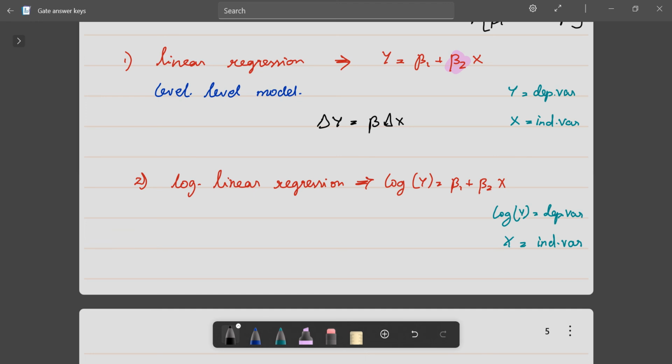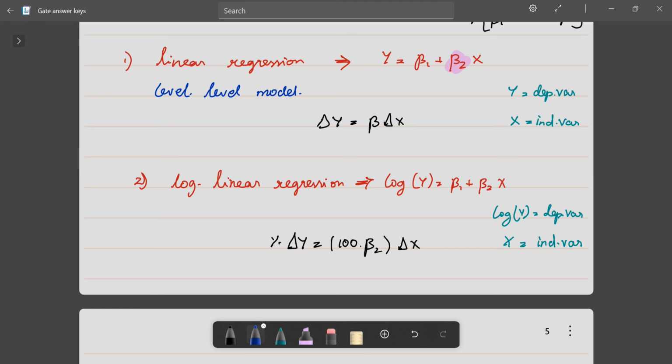And how the change is measured here is percentage change in y is equal to 100 into beta 2 times change in x. That means 1 unit change in the independent variable x leads to beta 2 into 100 percent change in the dependent variable y.